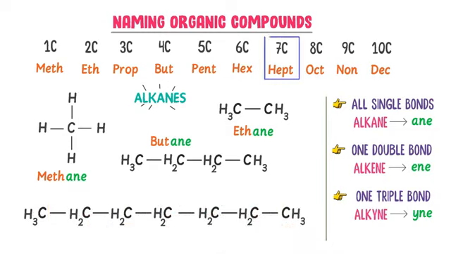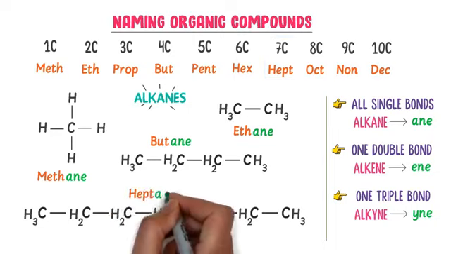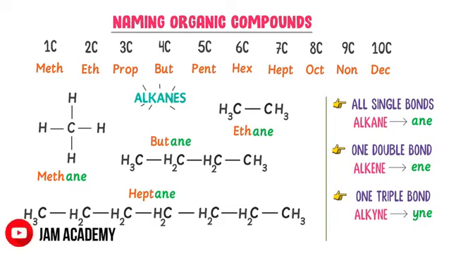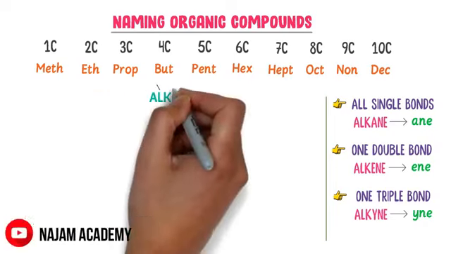There are 7 carbon atoms present in it. I write hept. They all form single bonds. I write ane. So I get heptane. Thus by this way, we can easily name any alkane by knowing the total number of carbon and all bonds must be single. Now we are going to learn naming alkenes.